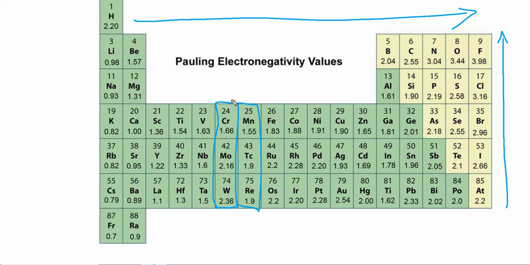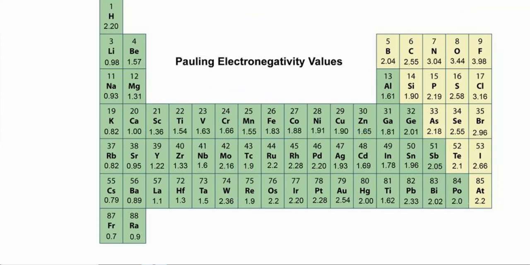On the other hand, chromium only needs one more electron to be considered stable and achieve a half-filled d orbital. Therefore, its electronegativity value is higher because it wants an electron. And manganese has a half-filled d orbital because there are 10 electrons total in the d orbital, and manganese has 5.